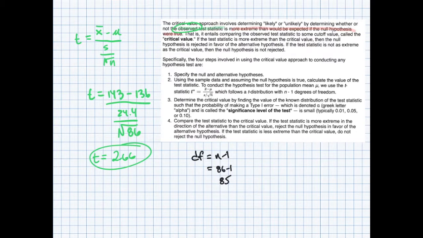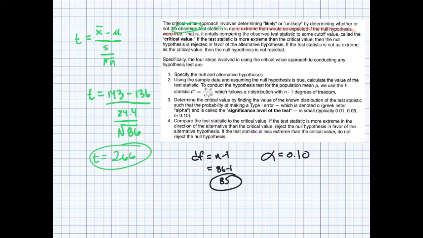Okay, looking at this, now we can use the degrees of freedom and alpha, which is our level of significance. For this specific problem, alpha was 0.1. That's our significance level.